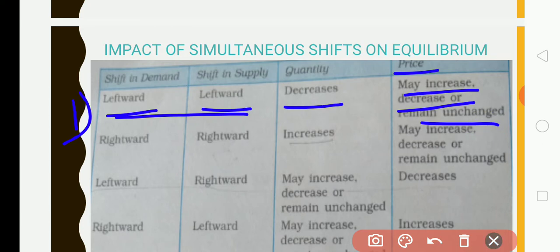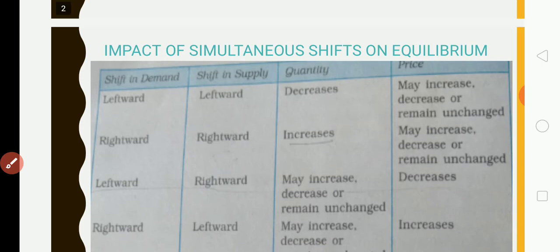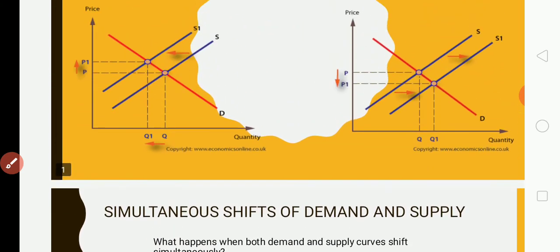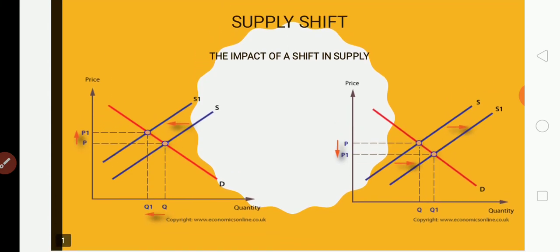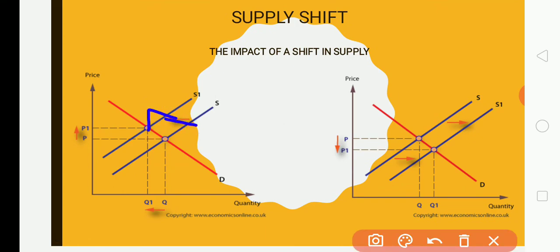For this I'll show you one picture here. In this, the supply curve is shifting towards the leftward. Here the supply curve is shifting towards the rightward. Have you understood? The demand curve remains the same.